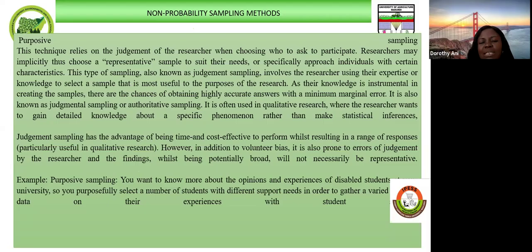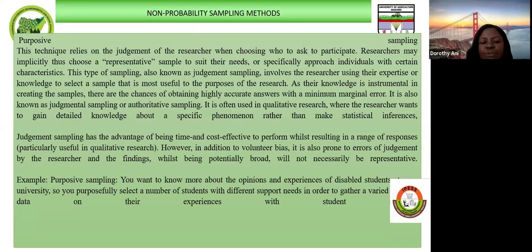It's often used in qualitative research where the researcher wants to gain detailed knowledge about a specific phenomenon rather than make statistical inferences. Judgment sampling has the advantage of being time and cost effective to perform while resulting in a range of responses particularly useful in qualitative research.